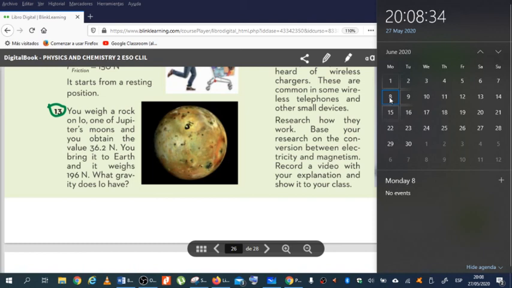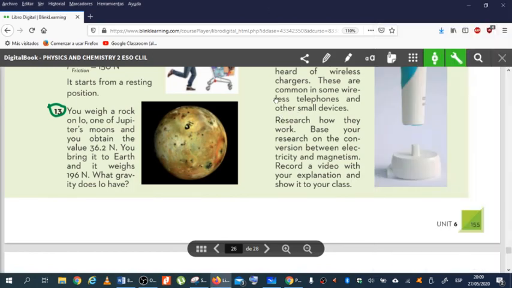So study, because we can't do it this day because I need time to correct all the exams. You are 48 between both groups, okay? So I need time to correct the exams, the activity, sorry. On the 8th of June, you will have an activity for evaluating forces.